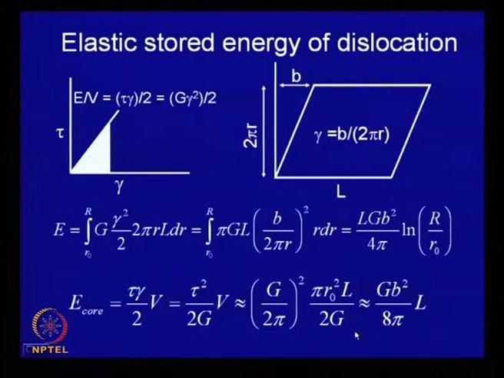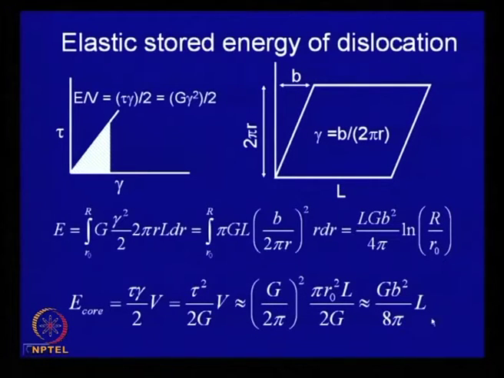And now, let us try and find out the energy which is stored at the core of the dislocation. Here we can go to the previous logic, that the stored energy is tau gamma over 2 times volume. You change it to shear stress, and then we can assume that the shear stress in the core is equal to the shear strength of an ideal crystal.